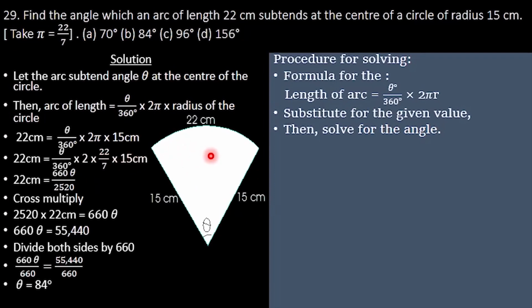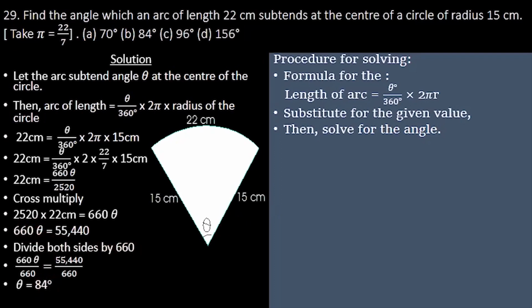For us to get our theta, we need to multiply this together. We now have 660 theta over 360 degrees times 7, we have 2520. Then cross multiply to clear the fraction. You now have 2520 times 22 cm equal to 660 theta. Now divide both sides by 660, and we get 84 degrees.